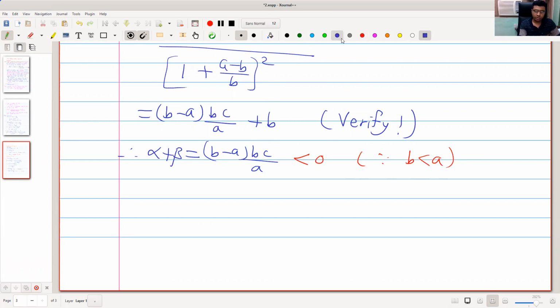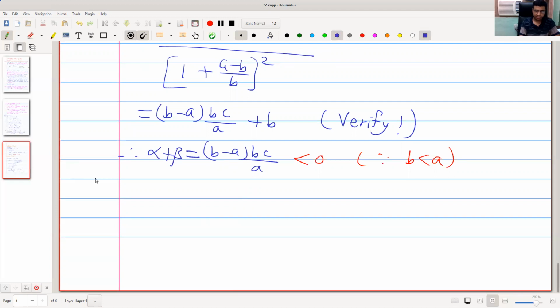Now, if this alpha plus beta is positive, then that equilibrium is unstable. If this is negative, then we have to compare alpha and beta. We have seen that result. So what we do, we compare alpha and beta. There are two cases. We may take the first case.